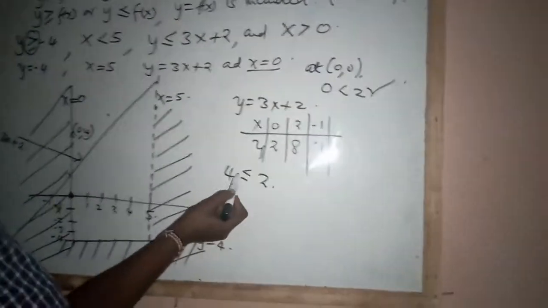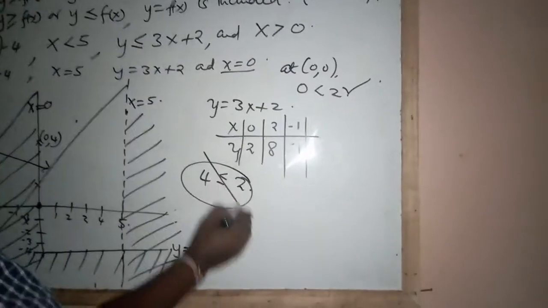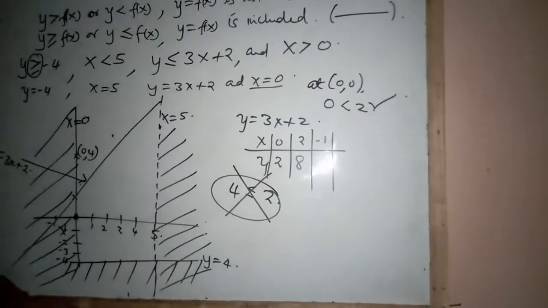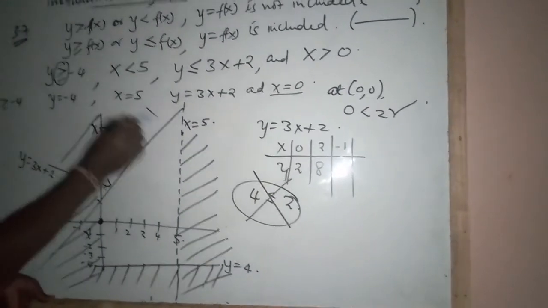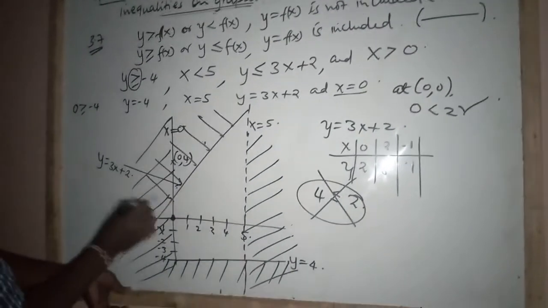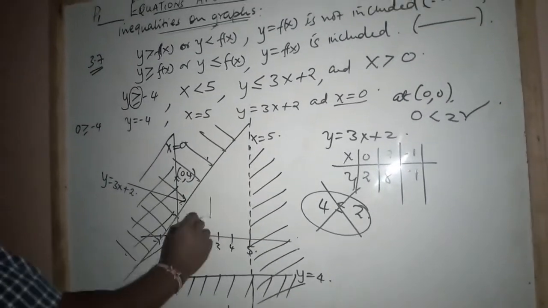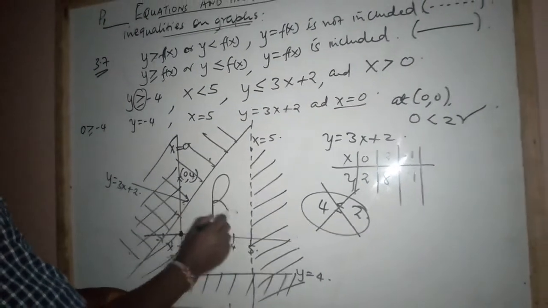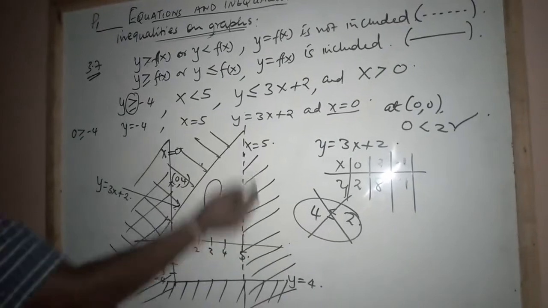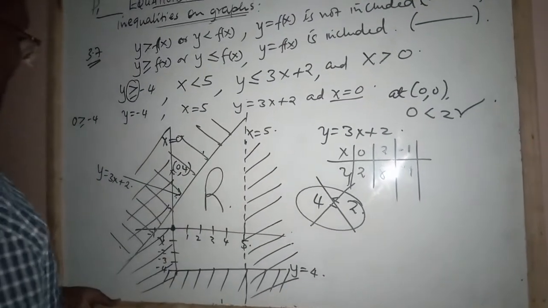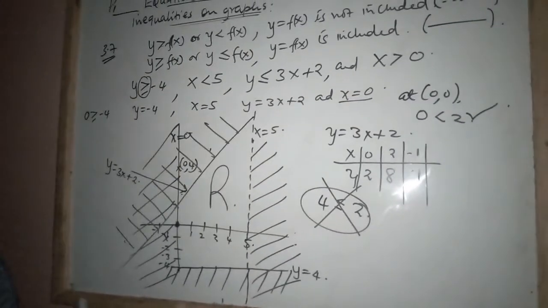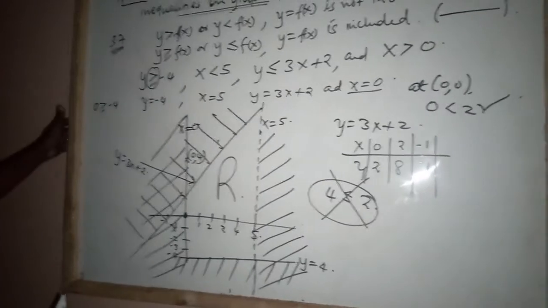Does this make sense? No, this one doesn't make sense. So it is already in the unwanted region. So we shade the unwanted region, and what we are left with is the region that satisfies all these inequalities.